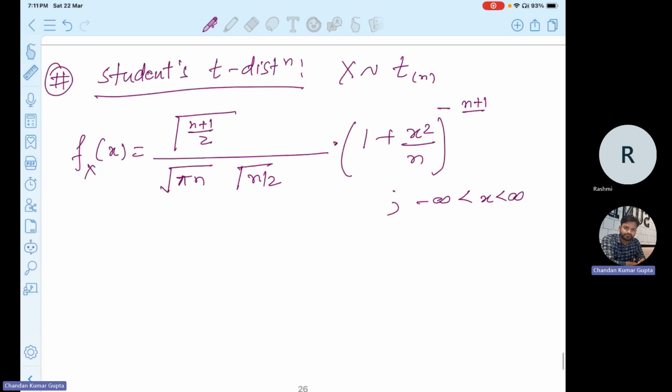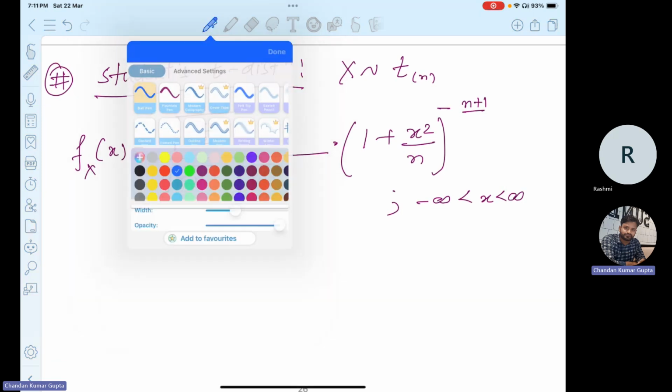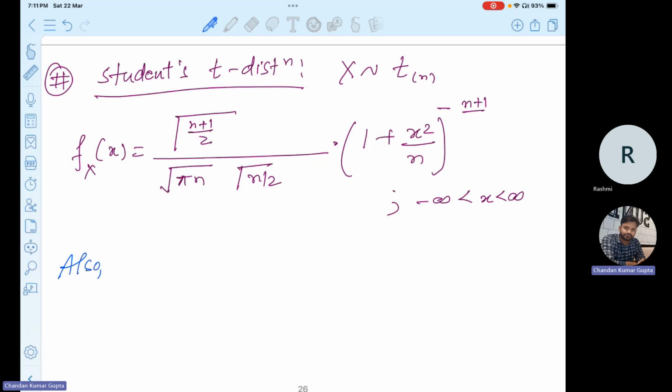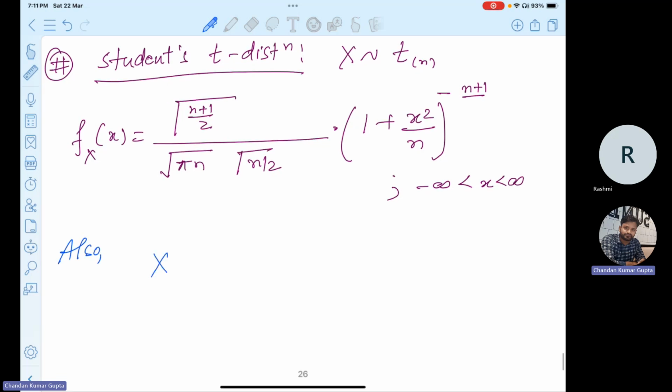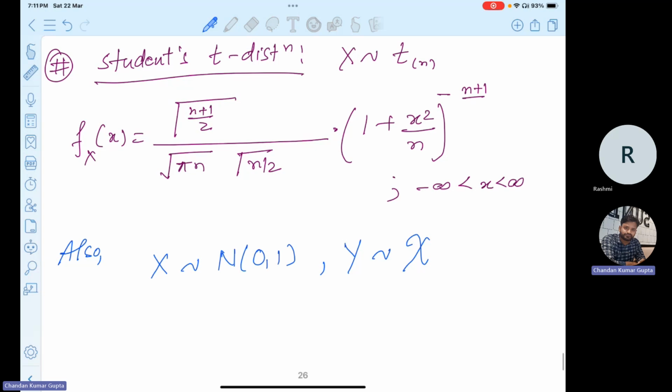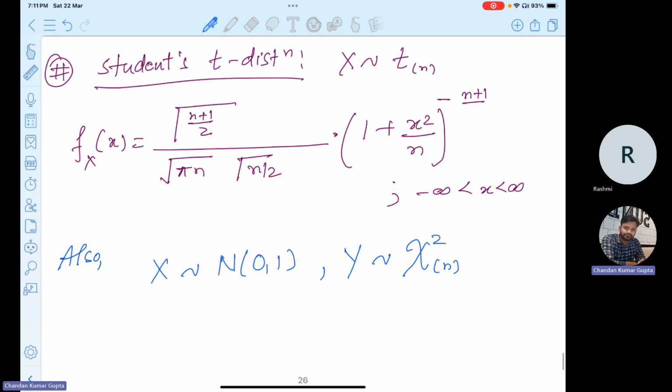Also, suppose x follows normal distribution with mean 0 and variance 1, that is, x is a standard normal variate, and y follows the chi-square distribution with n degree of freedom that we have just discussed in the previous slide.